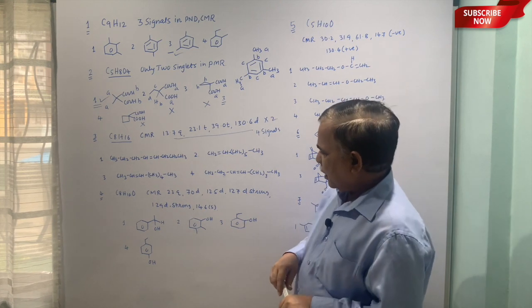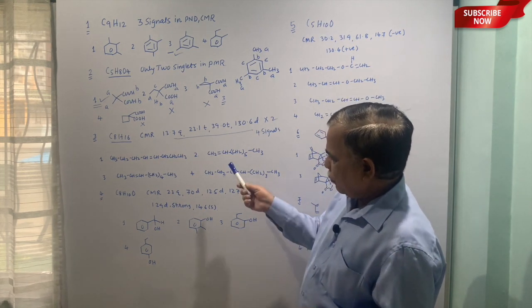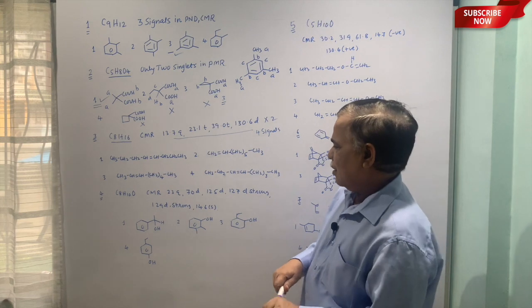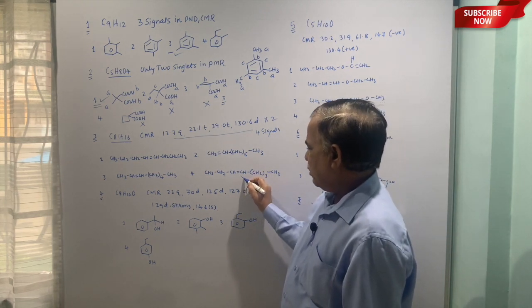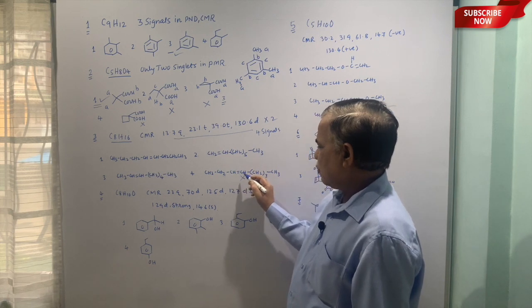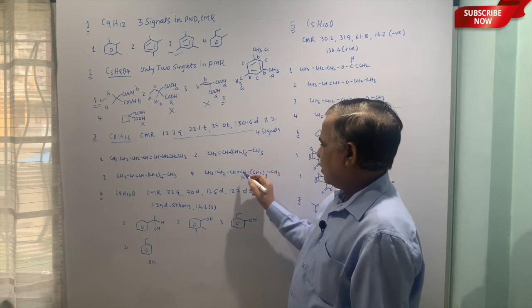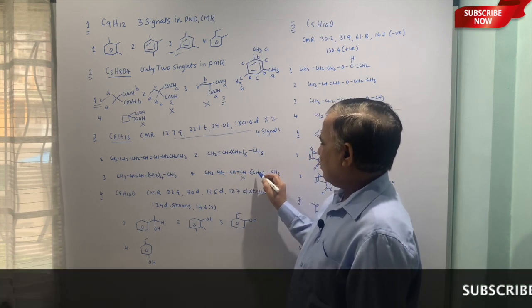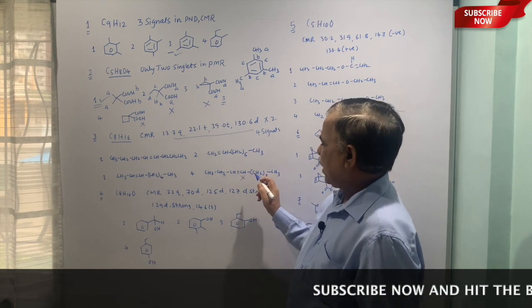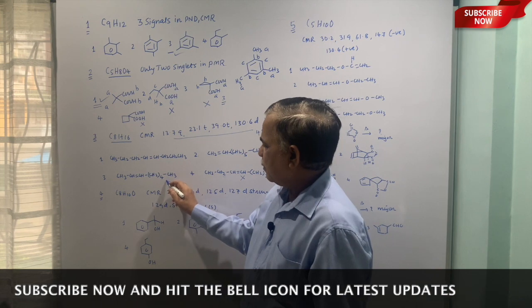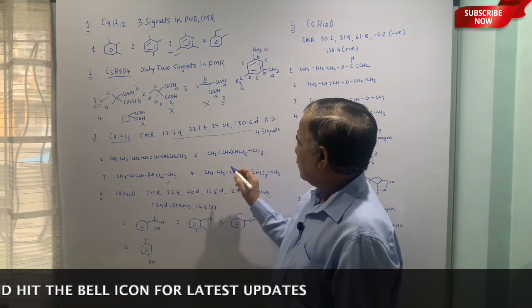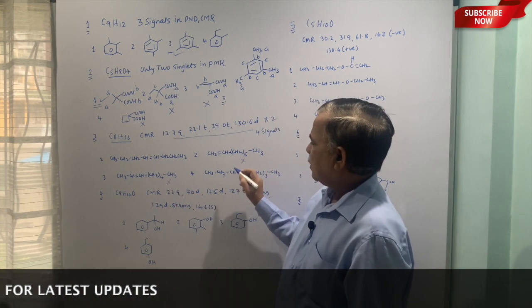So symmetrical molecule, if you look at the 4 options, let us start from the last. This is not symmetrical because it has olefinic protons, but we have so many methyls and methylenes. Same is here, same is here.